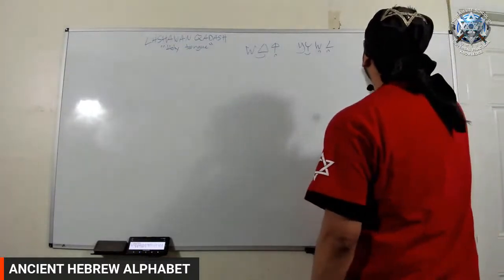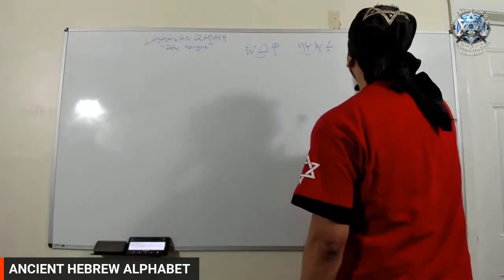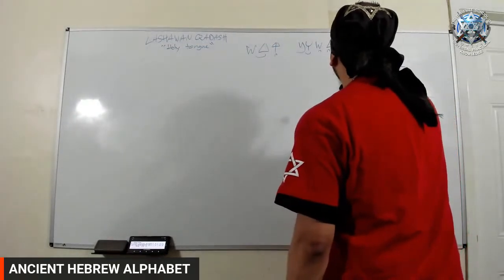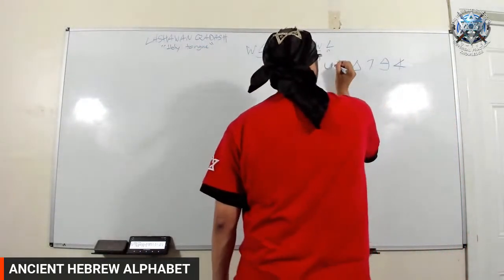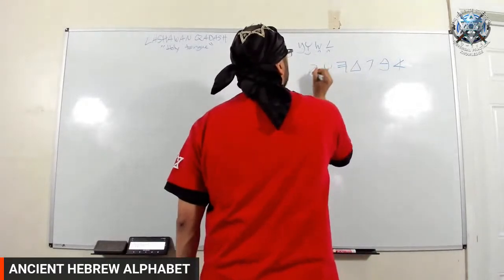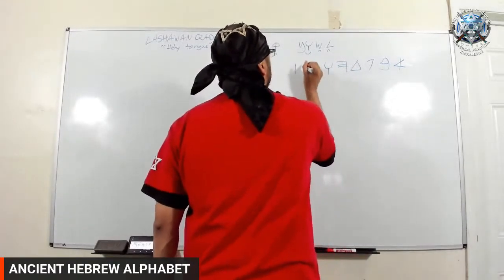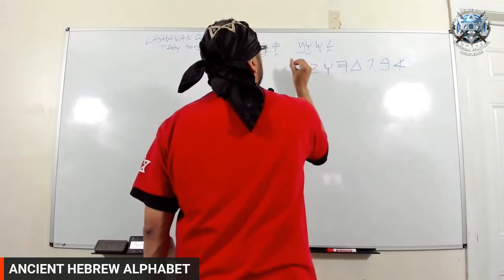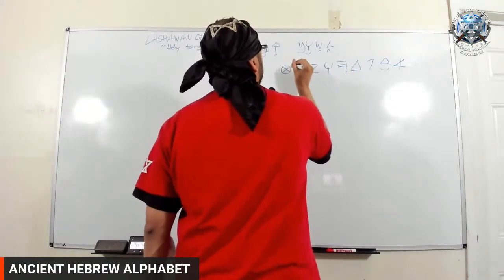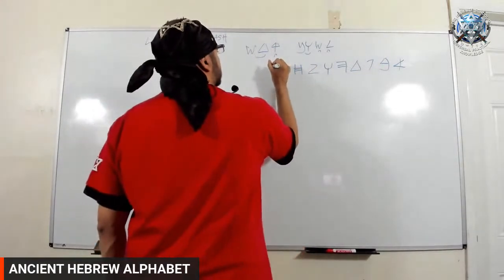So, ba, ga, da, ha, wa, za, ha, ta. That's good size.